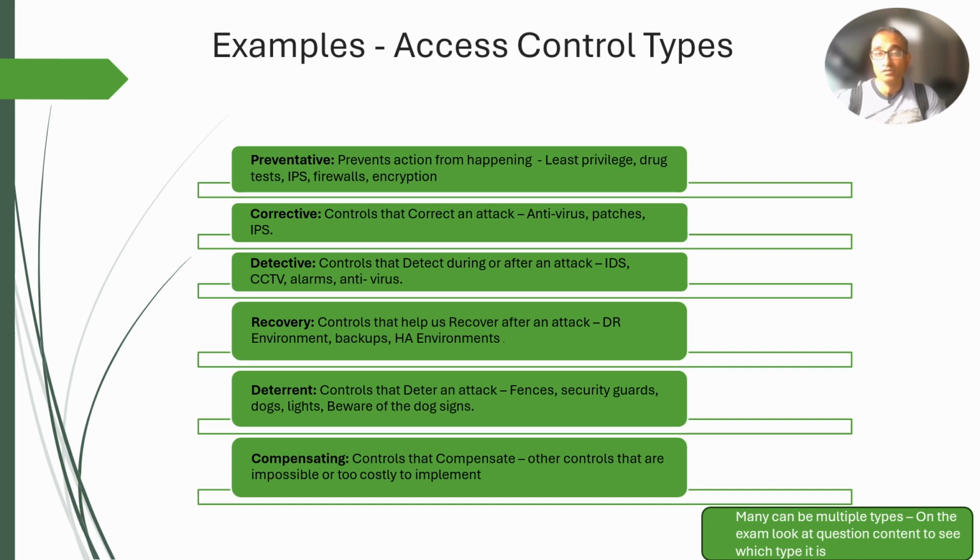And there are also compensating controls, which act as a prop or a backup to your existing control, which help you try to make your main controls watertight. During the exam, you may have a scenario where a control may fall into more than one category. So please pay great attention to those aspects when you read the question.